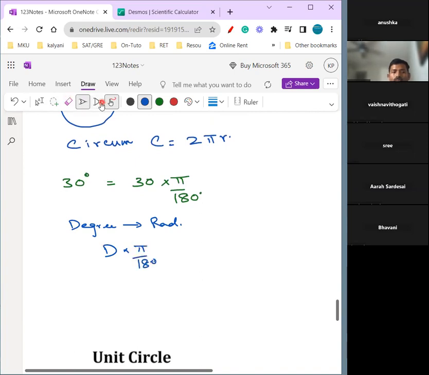This is the rule. Please write this one. Degrees I want to convert into radians, I'm going to take the degrees and multiply with pi over 180, and then we simplify it. So simplifying, 0, 0 goes out, 3 goes in 6 times, it's pi over 6.